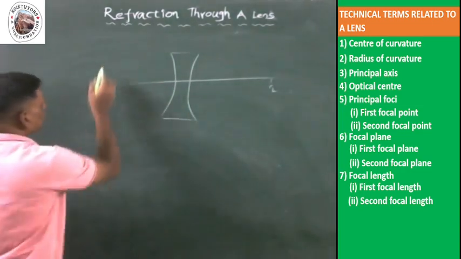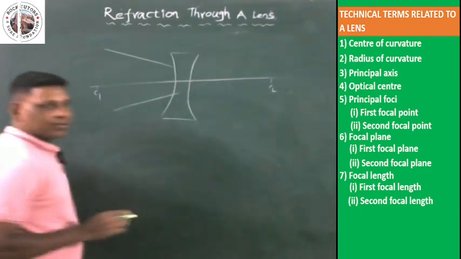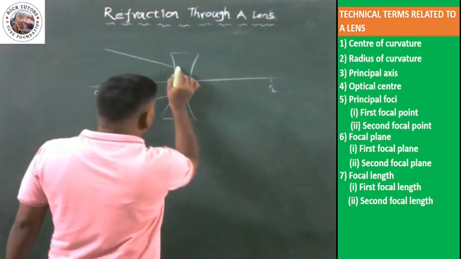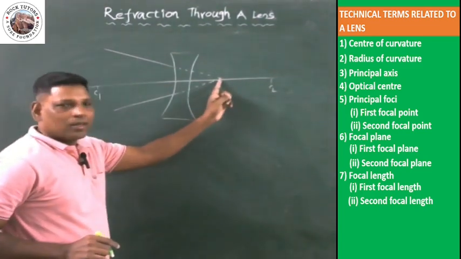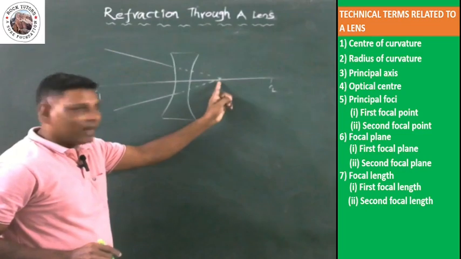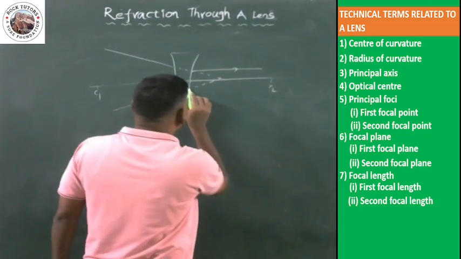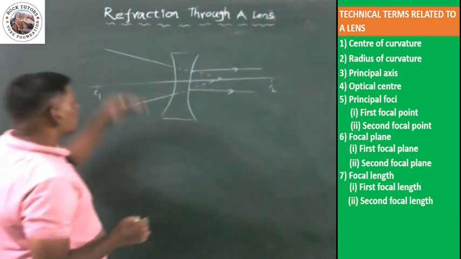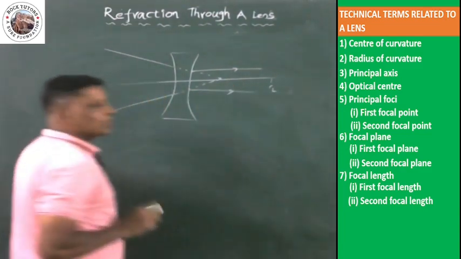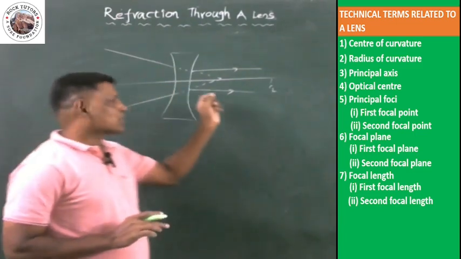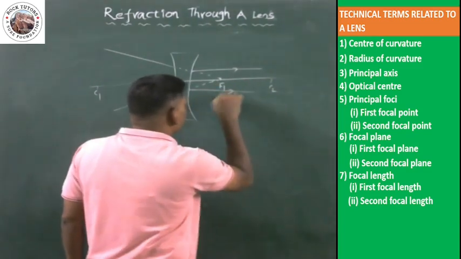Now, the rays are coming, it appears coming from a point, after refraction parallel to the principal axis. Then this point is called the first focal point. This is F1.